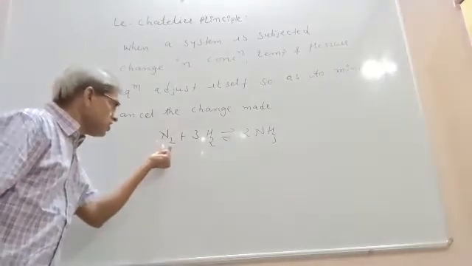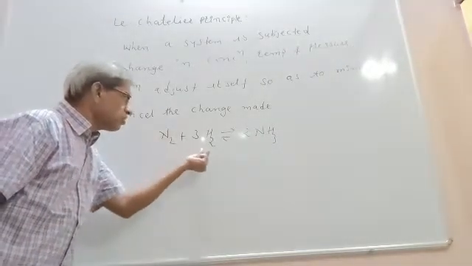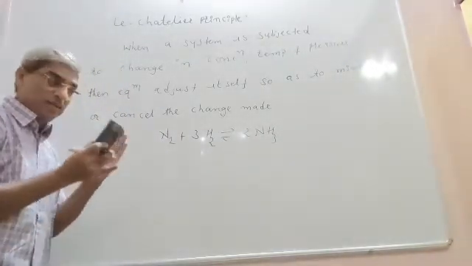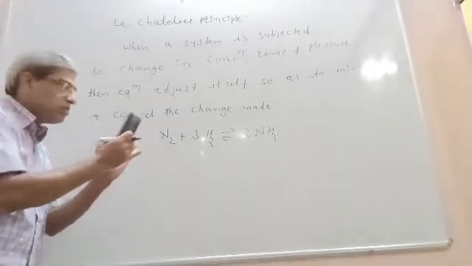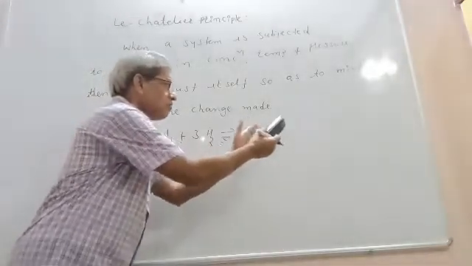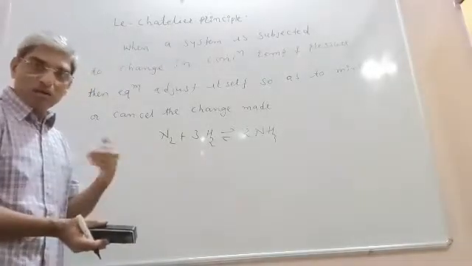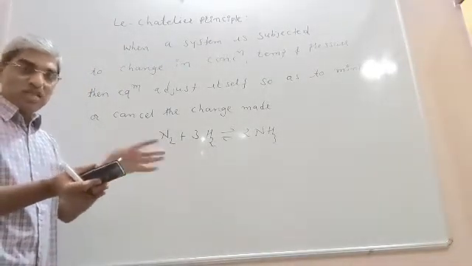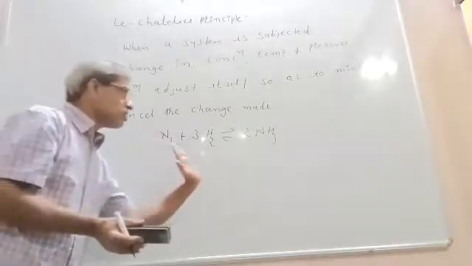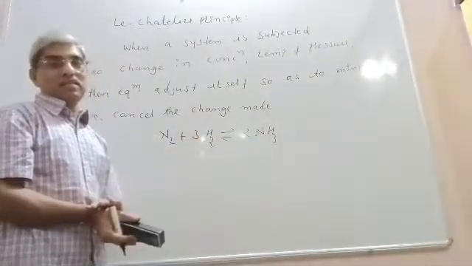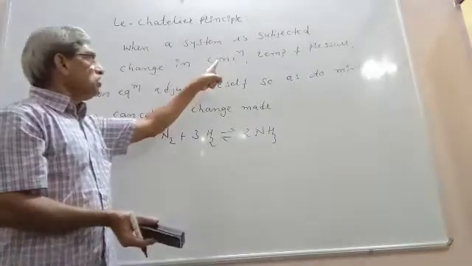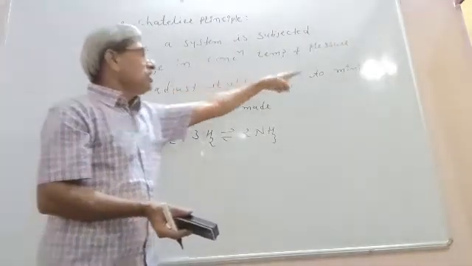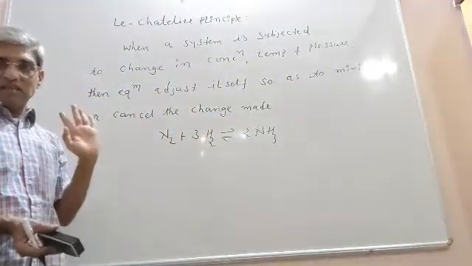If we change the concentration of nitrogen or hydrogen, then what will happen? That change in concentration will shift the equilibrium towards product, or ammonia. That change in concentration is nullified, to shift the equilibrium towards the right hand side. Means the change in concentration is minimized or cancelled.